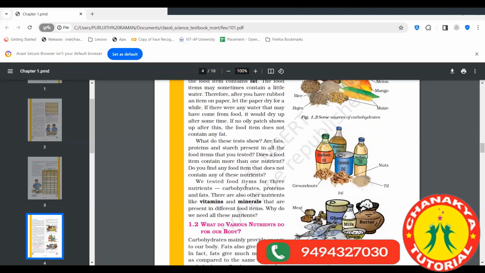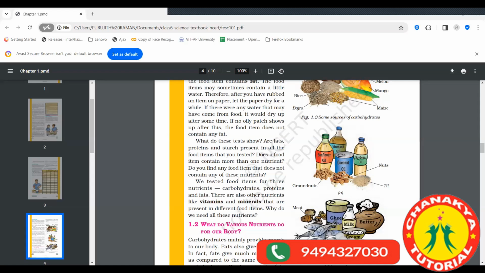We tested food items for 3 nutrients: carbohydrates, proteins, and fats. There are other nutrients like vitamins and minerals that are present in different food items. So vitamins and minerals are also present in various food items, not only fat and such, right? We will have a test for that also.